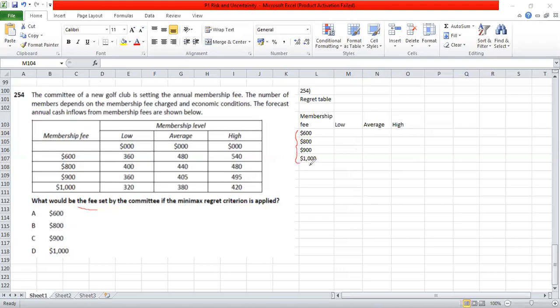Which one has to be selected in this situation, in this situation, in this situation, and in this situation. So first select this one.